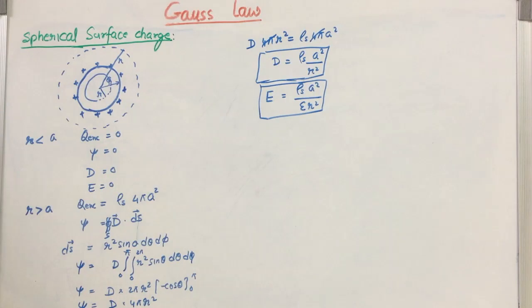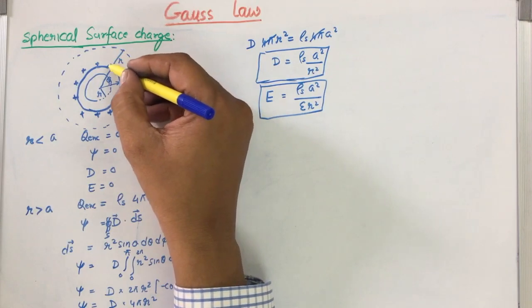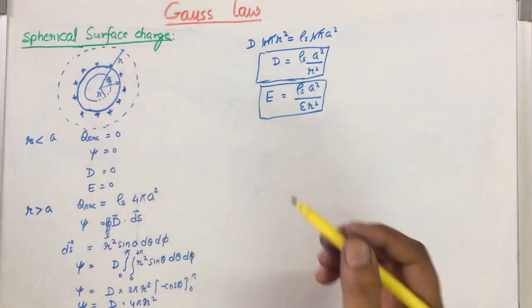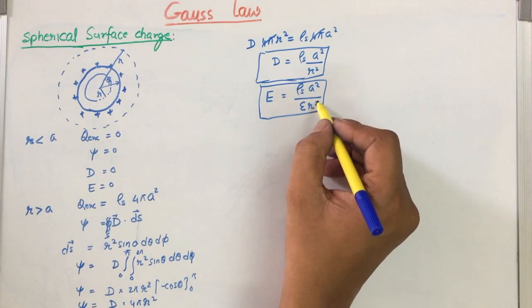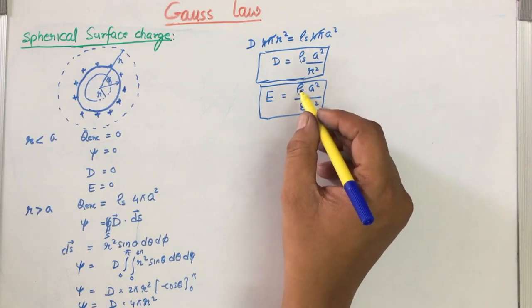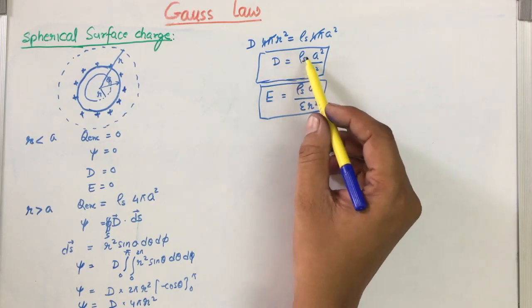From here, if our radius is equal to a, the Gaussian surface lies at the surface of the sphere, and a square cancels out. E will be constant, rho s by epsilon, and D will be rho s.